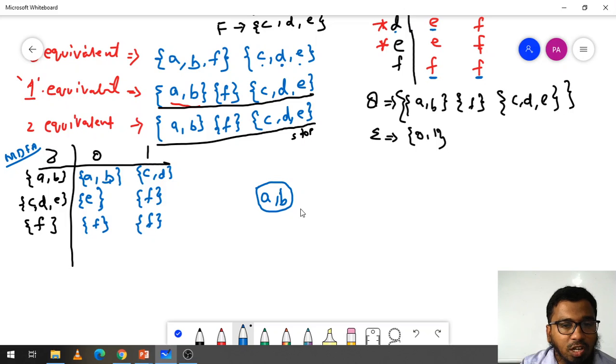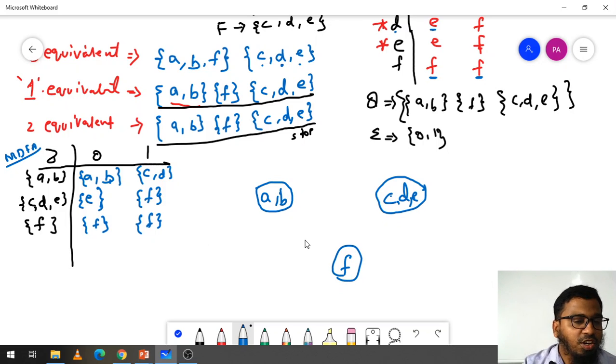Next, C, D, E is one state, and F is one state. So there are three states.